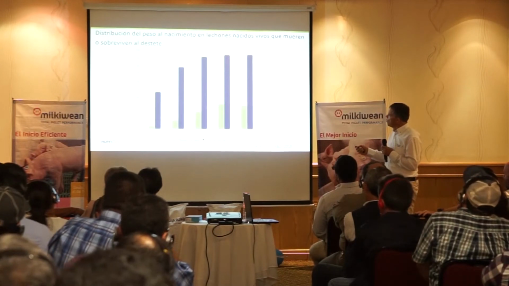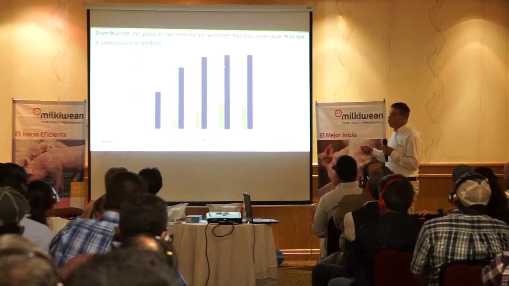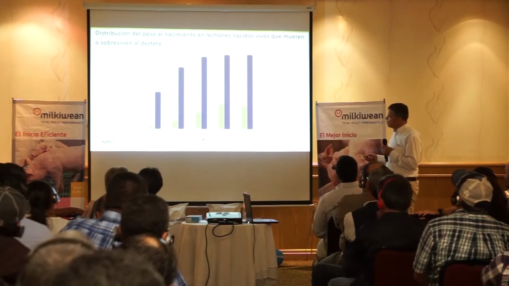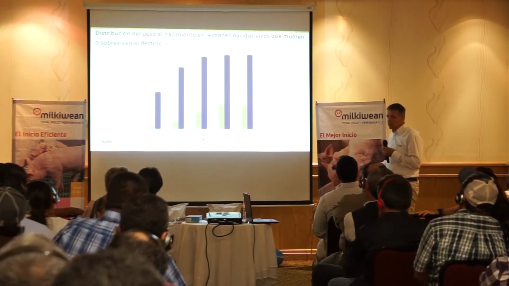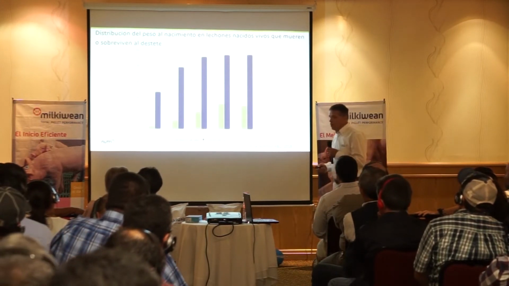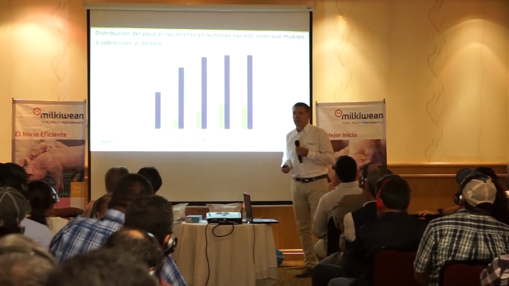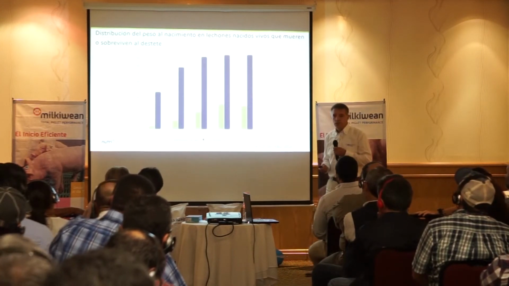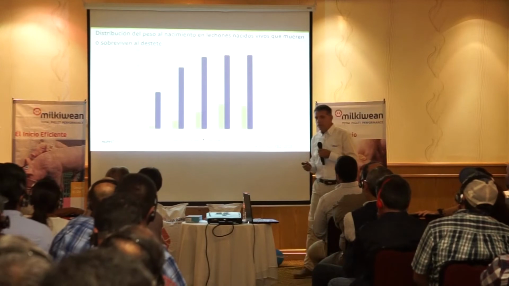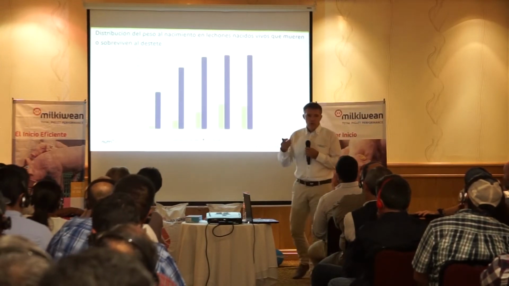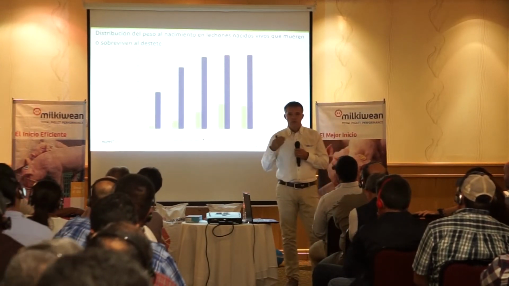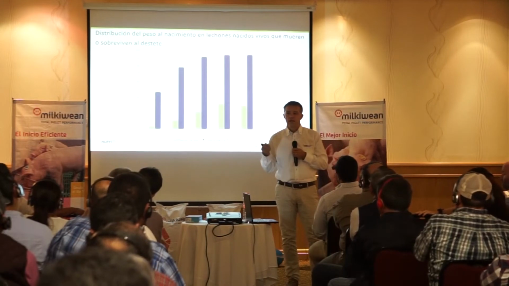So with the normal birth weight, you see that the survival is over 90%, but when the birth weight is less than 0.8 kilograms, in this case the survival was less than 50%. And that also has something to do with the increased variation in the litter.